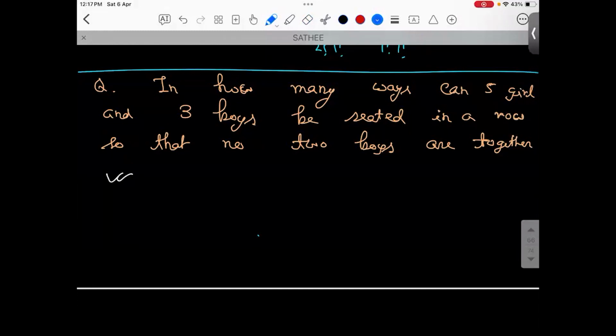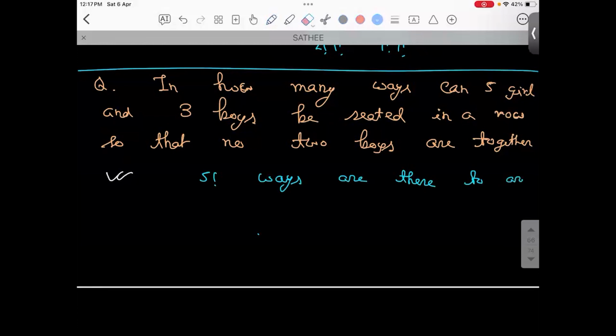So this will be nothing but 5 factorial ways to seat the girls first.